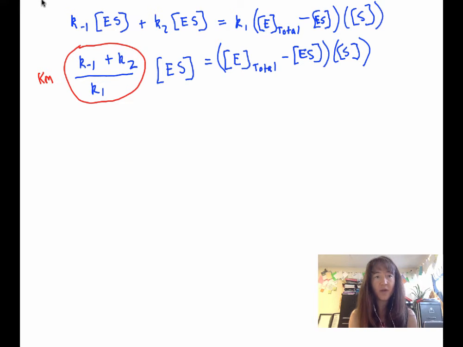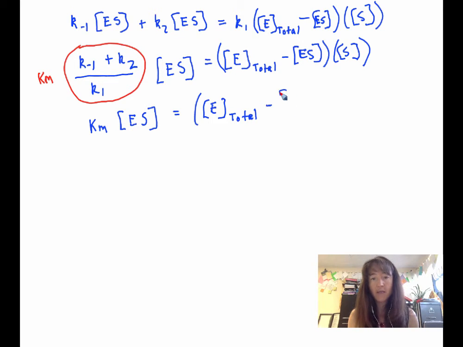And that's what we'll do now in our next step, is simply to call that Km times enzyme substrate equals, again, everything the same over here, enzyme total minus enzyme substrate, get the bracket there, times concentration of substrate.